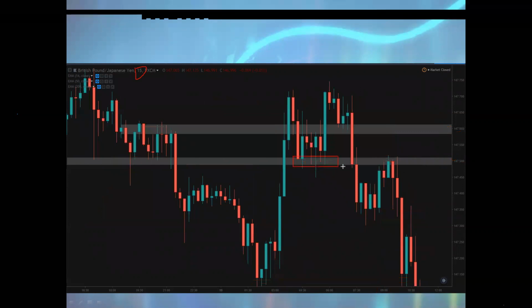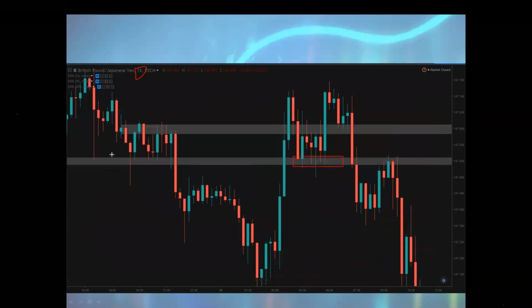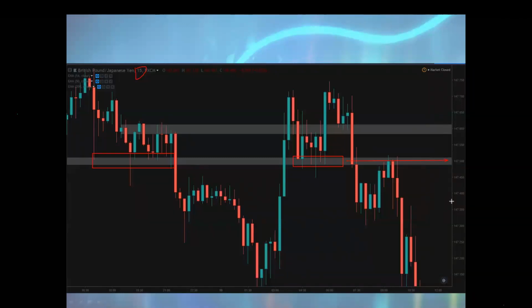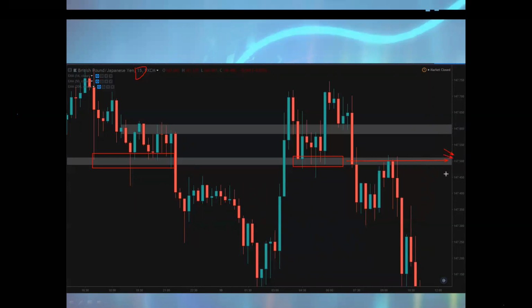If you look at this, we have support, and this is where support was as well, right? So now if that was support, and you're trying to look left, you see that this was the price here, 147,500, right? But does this mean 147,500 is the exact price? No, because there's going to be price over here, and over here, and over here.